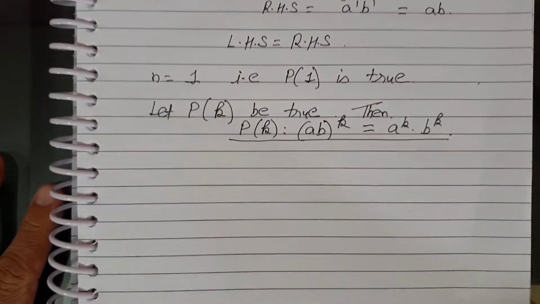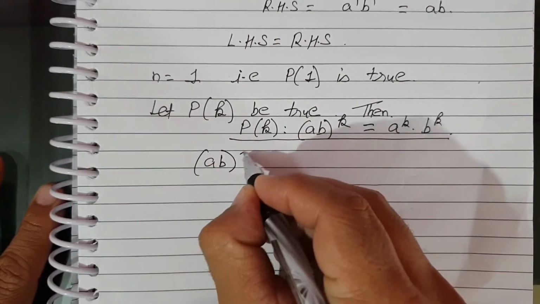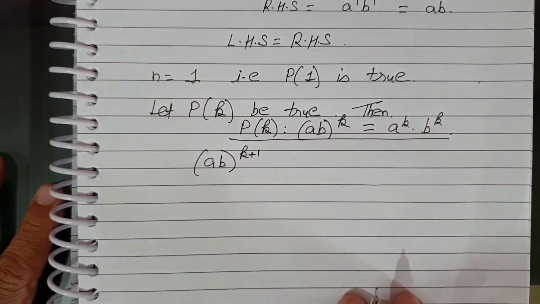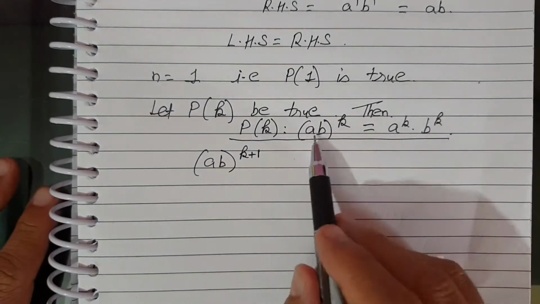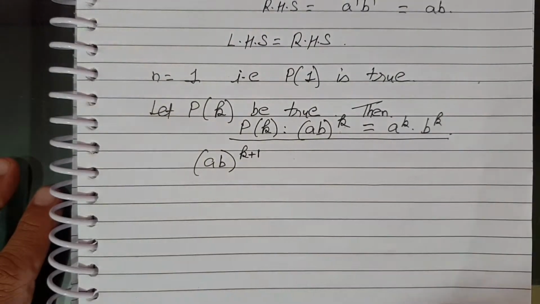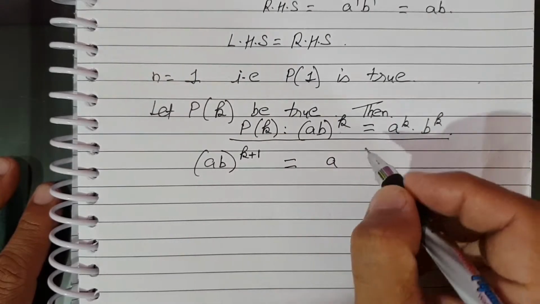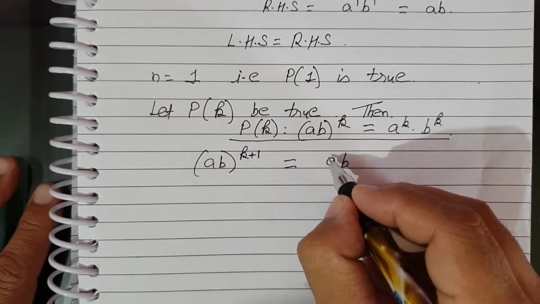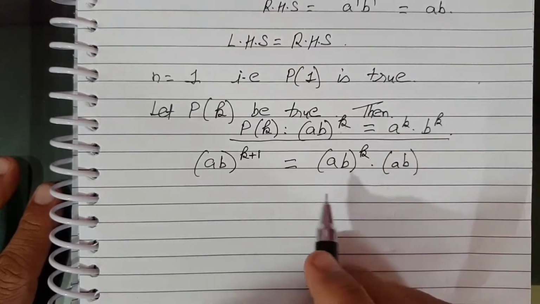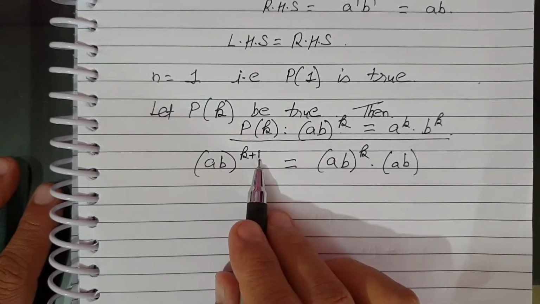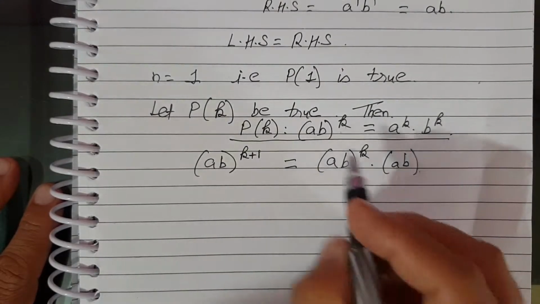So starting with this, you can write (ab)^(k+1). Replacing k by k plus 1, you can write this as (ab)^k into ab, because by the law of indices, power k plus 1 means they are in multiplication.